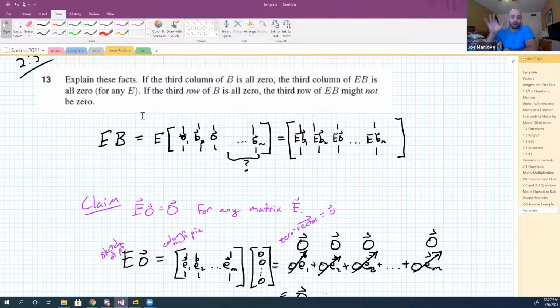Okay, now the other thing is a little different. The second half of this problem is: if the third row of B is all 0, the third row of EB might not be 0. What the heck is that about? First, do you even believe that?